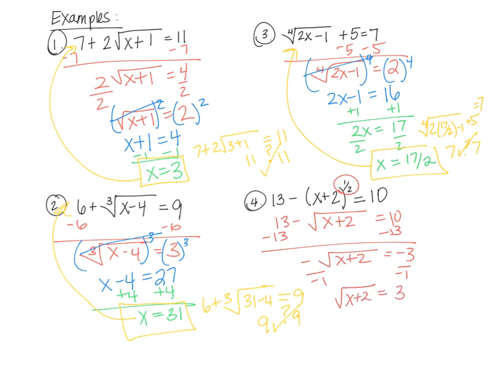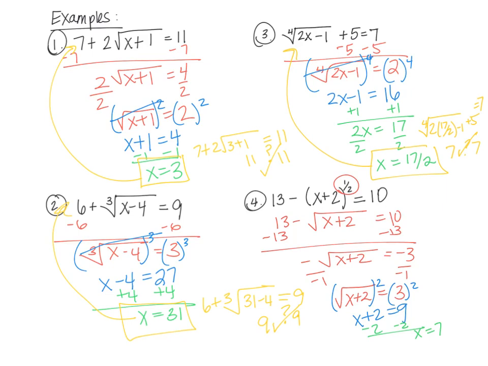Okay. Now I need to get rid of that square root by squaring it. So I get x plus 2 equals 9. I'm going to keep solving it. So I get x to equal 7, or I think that it's 7.